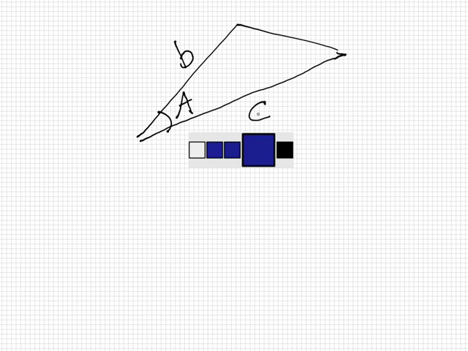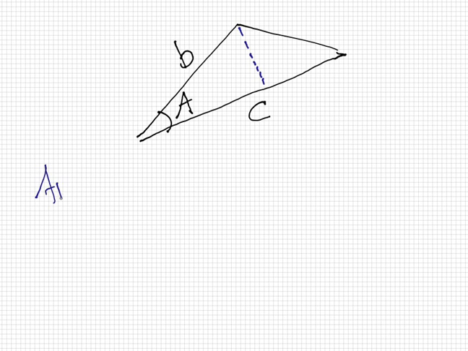You have a triangle, like this, and maybe, for example, you know this angle, I call it A, and you know this side, I call it B, and you know this side, I call it C. And the problem here is you don't know the height. Now, if you did know the height, what would the area be? It'd be a half C multiplied by the height.